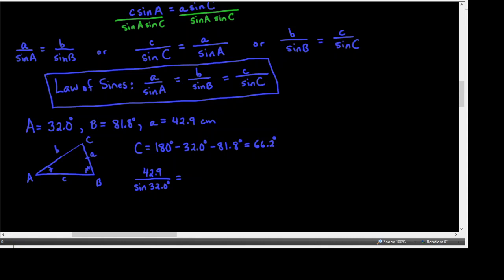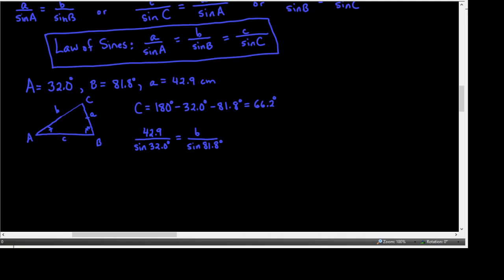So let's go ahead and do that one. So that would be equal to B over the sine of angle B. So notice we knew three of the four pieces of information. Setting up this equation allows us to solve for the fourth one. The thing we're trying to find here is side B.